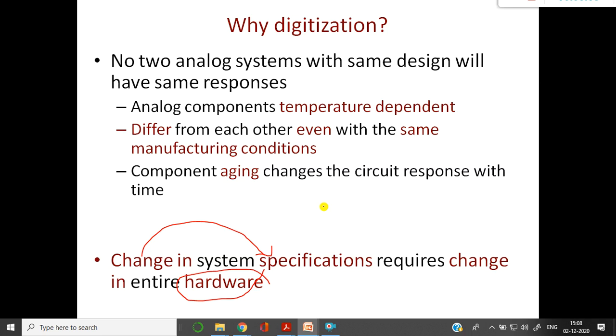You need to change the resistances and capacitors, or the L and C values. So L and C values change, and again you need to remove those two components from your circuit board and replace them with fresh L and C values.